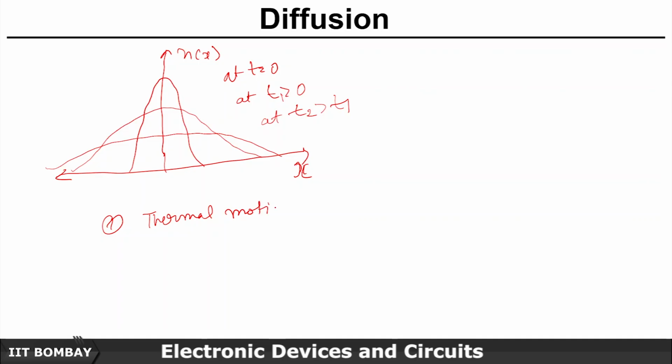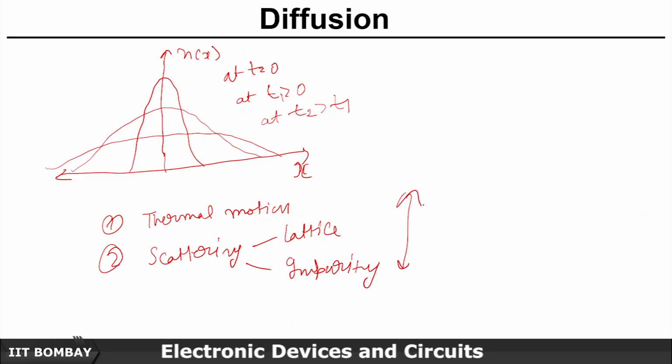Also, the other important thing which plays a role is the scattering, as in the case of the drift current: scattering due to lattice atoms, due to impurity, and many other things. So there is some connection between the diffusion and the drift, though the cause is different.